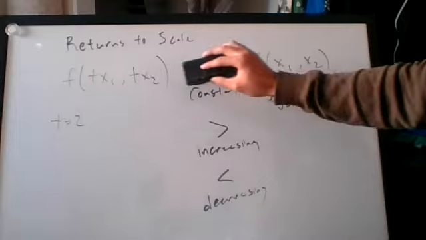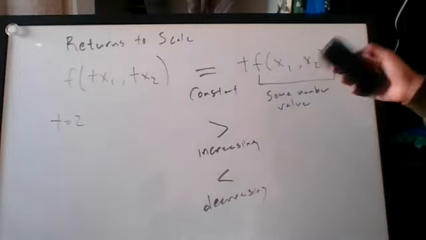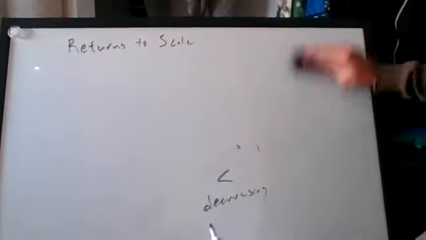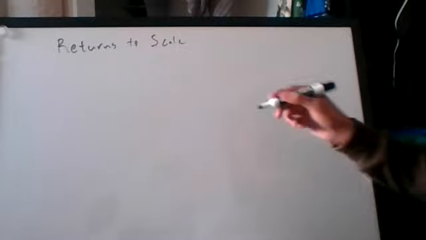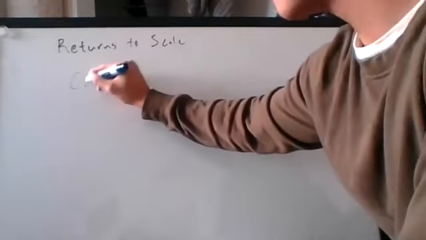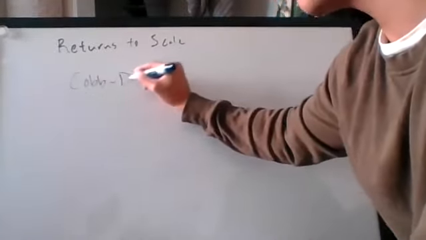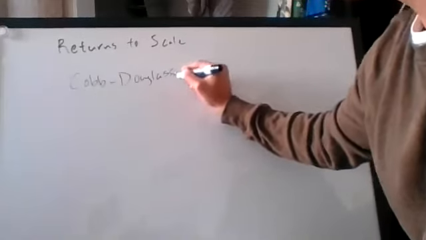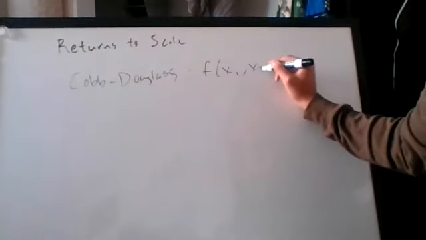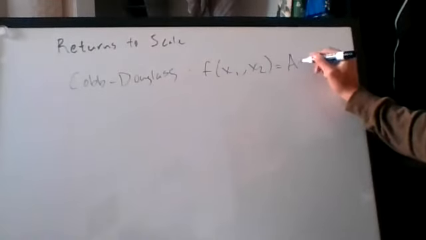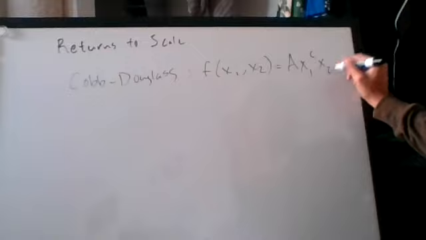You can apply this to your production function, and this will always be true. But with Cobb-Douglas production functions, you're going to notice that there's a really easy trick you guys can use. This only applies to Cobb-Douglas. We know our production function looks something like this: A x1^c x2^d.